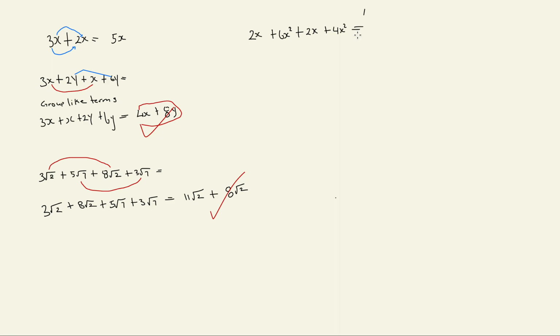Again, x squared is acting as the like terms and the x's are acting as like terms by themselves, so we'll group like terms. So we'll now do 6x squared plus 4x squared plus 2x plus 2x.